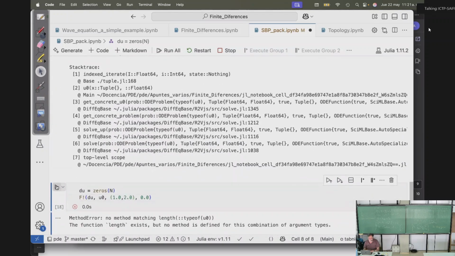Okay, let's take a break, and I will try to repair this. I don't know what the error is.